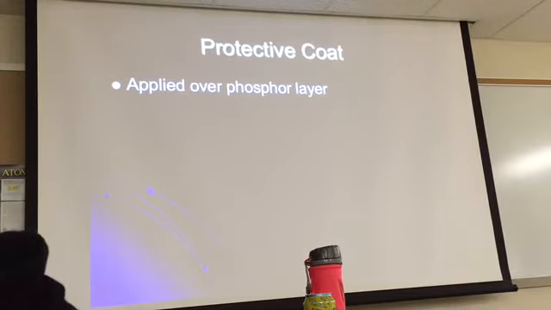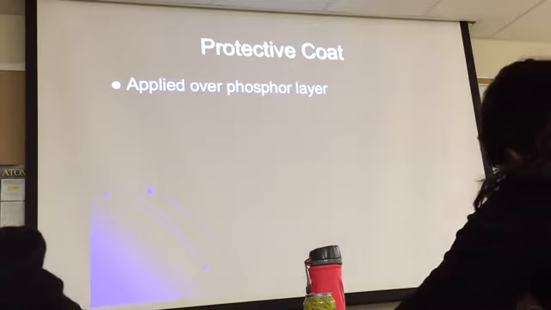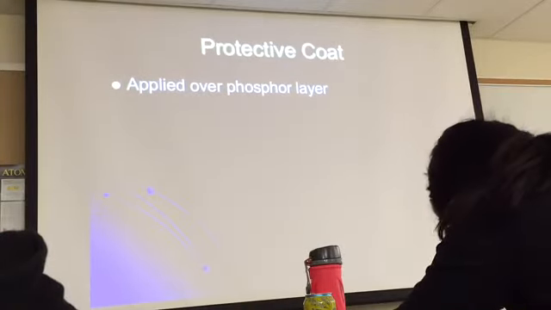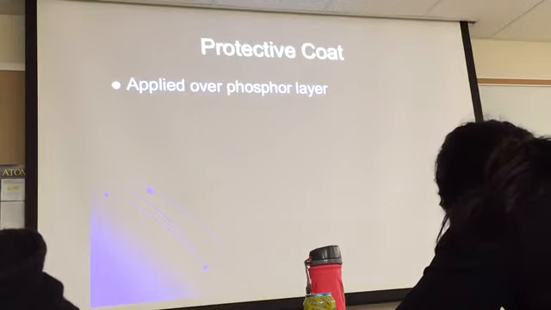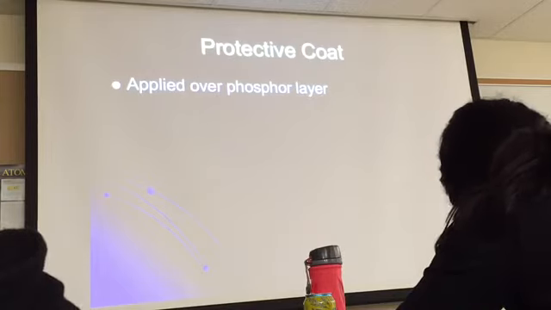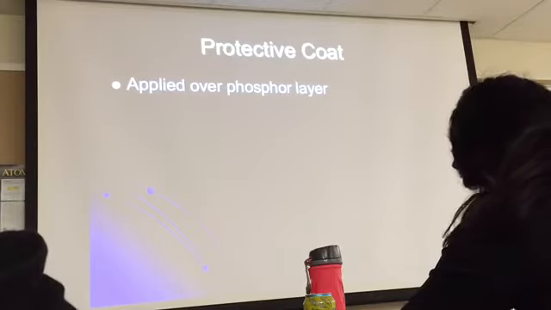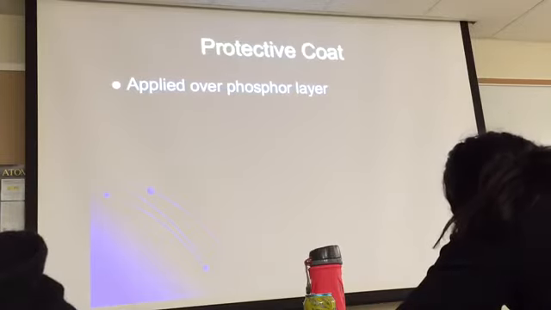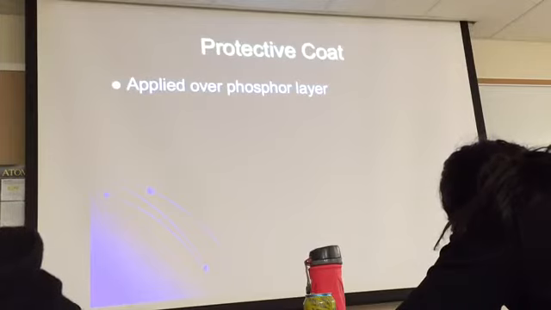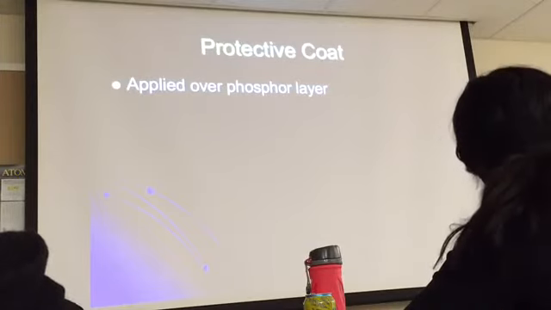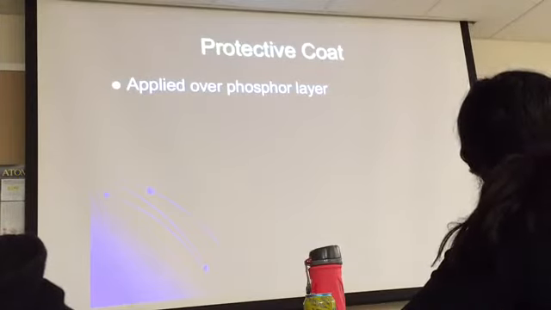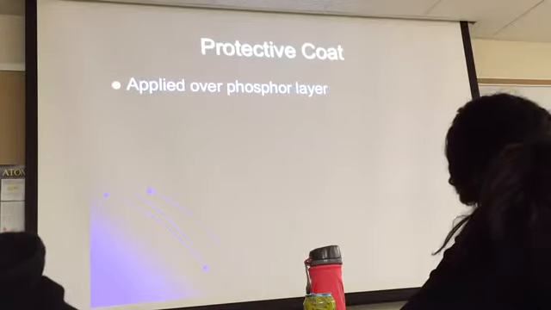The protective coat is applied over the phosphor layer to protect the phosphors. Protect it from what? From physical trauma that they receive from technologists. When you open the screens, you put your fingers in there, and if you were grabbing the film, you pull and scoop off the phosphors, and so that's why the protective layer.